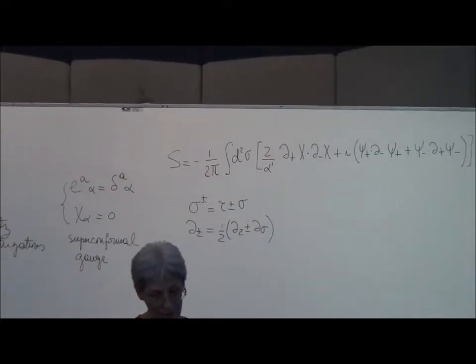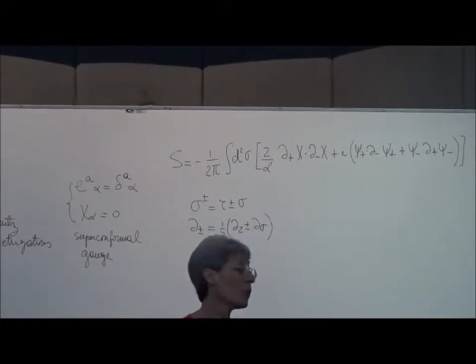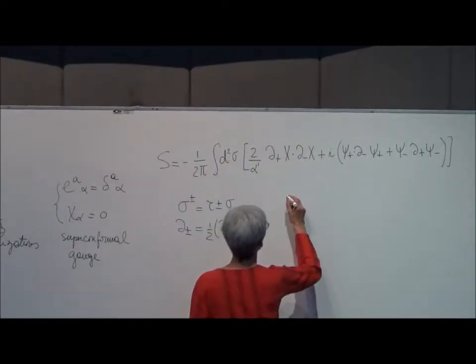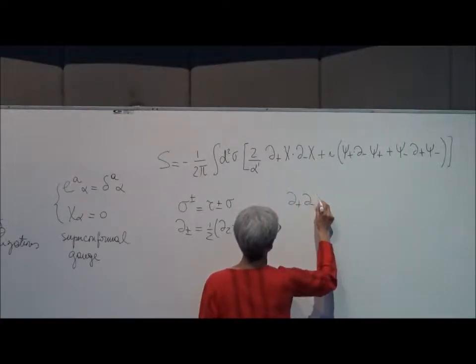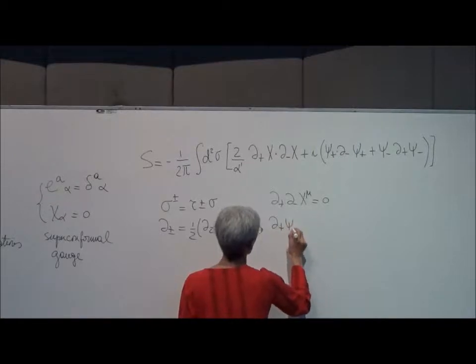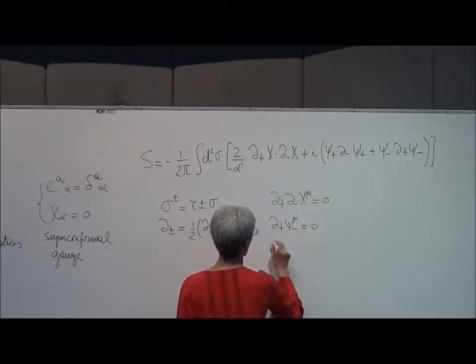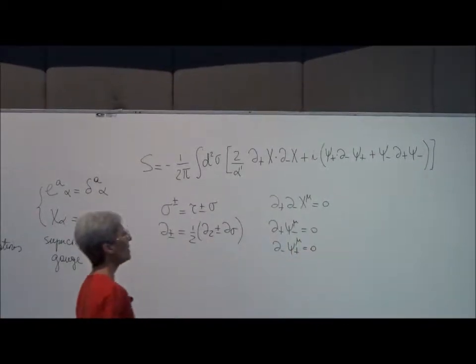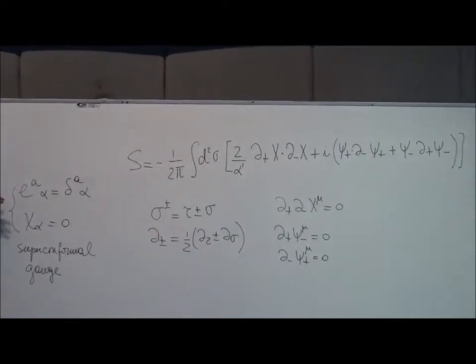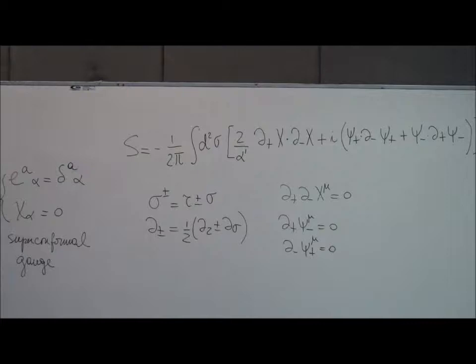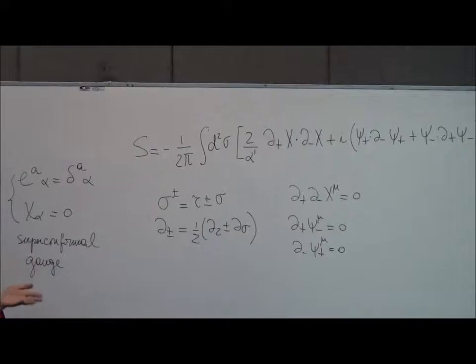And then we derived the equations of motion. The equations of motion for the X fields were basically the wave equation, partial plus partial minus X^mu equals 0, and the equation of motion for psi, this one. And we also mentioned that even though we fix the gauge, we cannot forget about the equations of motion for these fields, which will then turn out to be constraints on the solution of the theory.